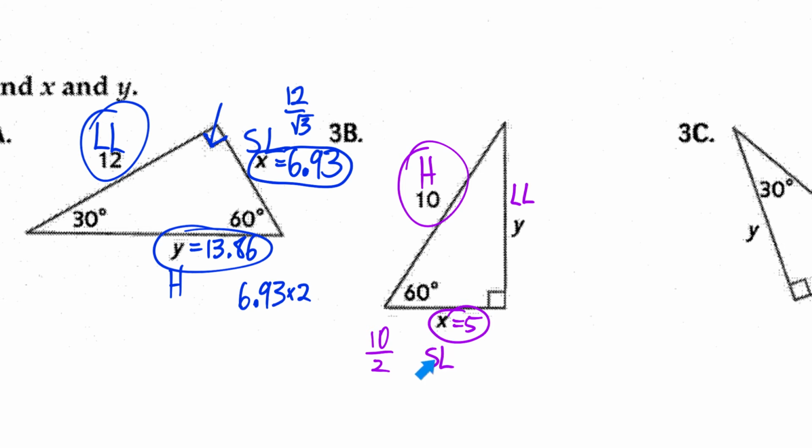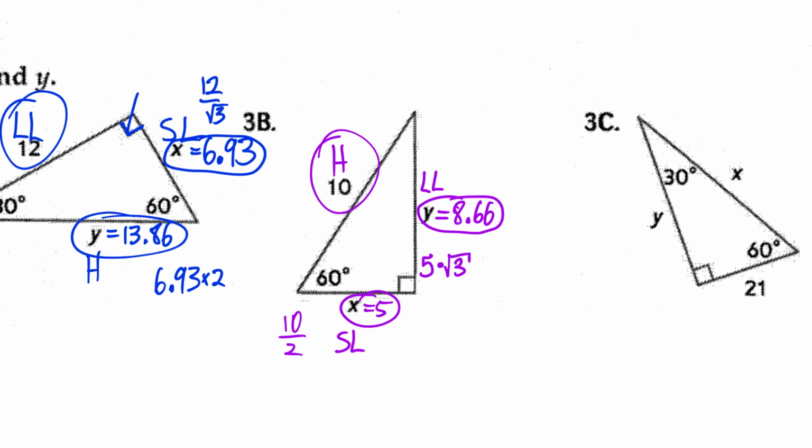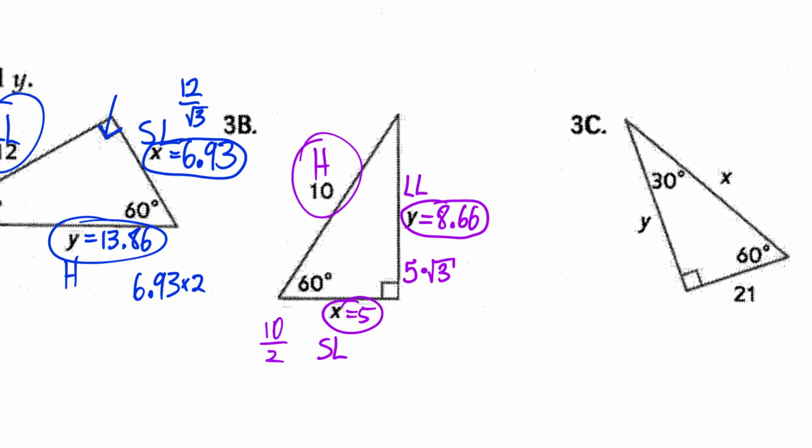How am I going to get from the short leg to the long leg? So I'm going to do 5 times the square root of 3. What does it give you? .66.